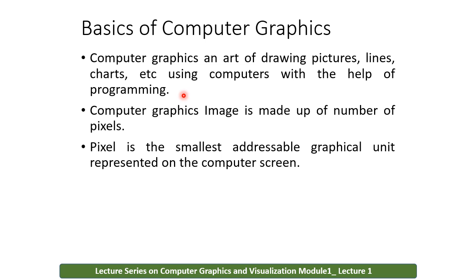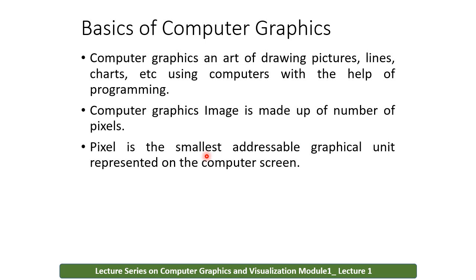A computer graphics image is made of a number of pixels, and a pixel is the smallest addressable graphical unit represented on the screen. So the pixel is considered the smallest addressable graphical unit. This addressable graphical unit is a very important thing, and it will be considered for computer graphics.